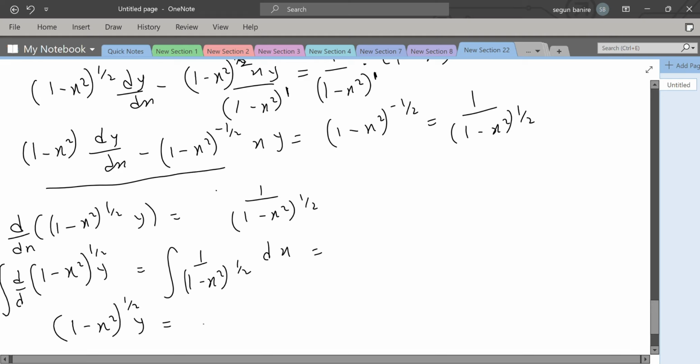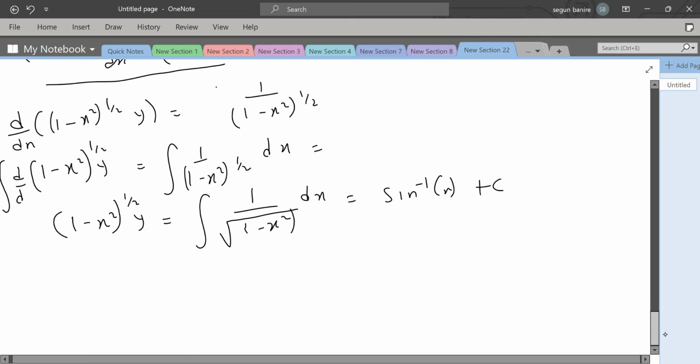The integral of this can also be written as the integral of 1 over the square root of 1 minus s squared ds. So this is a standard integral. The answer is ln of x plus c. It's a standard integral. So what is y? y is equal to this plus c, over 1 minus s squared raised to the power of 1 over 2.